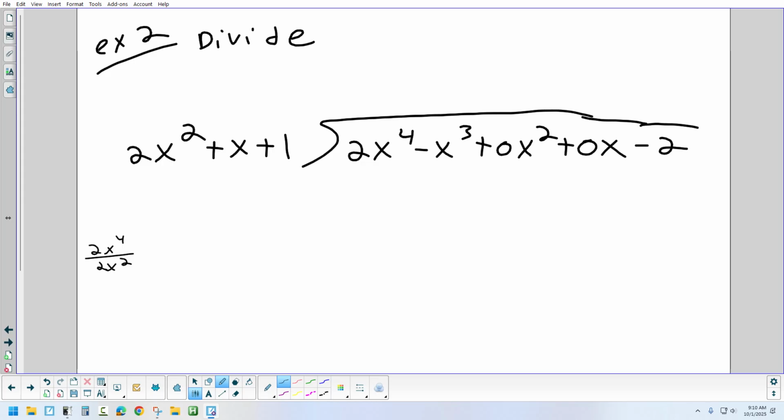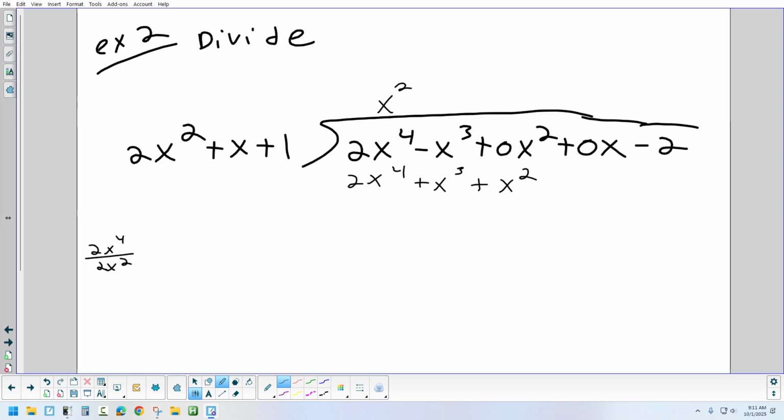What's that going to give me? Yep. x squared. Now let's multiply that back out. Jaden, what do you get when you multiply that back out to each term? 2x to the 4th, plus x cubed, plus x squared. Okay, so we got everything multiplied back out.